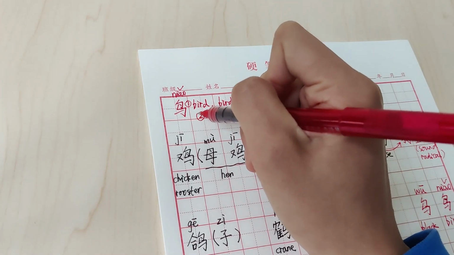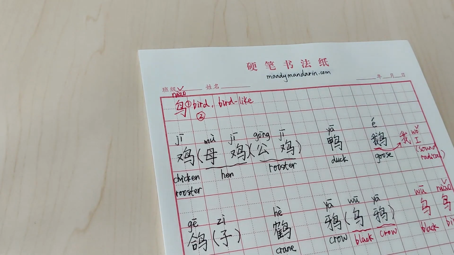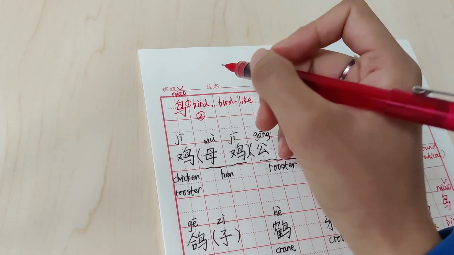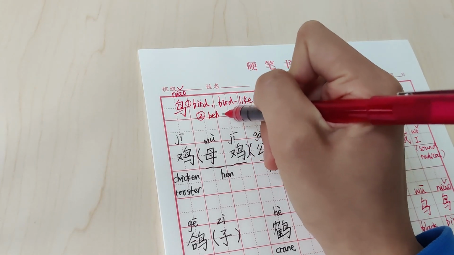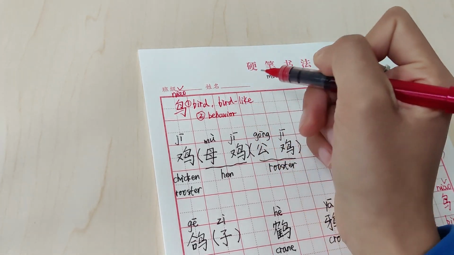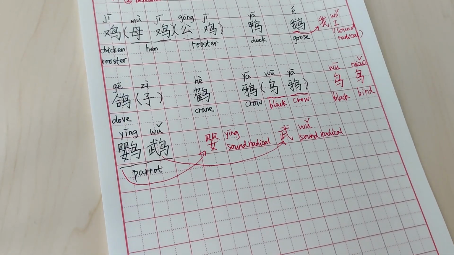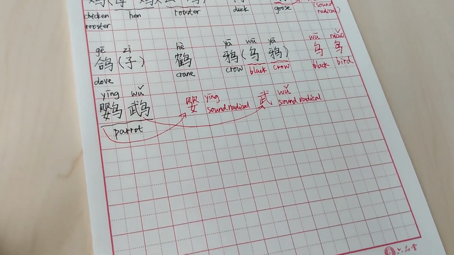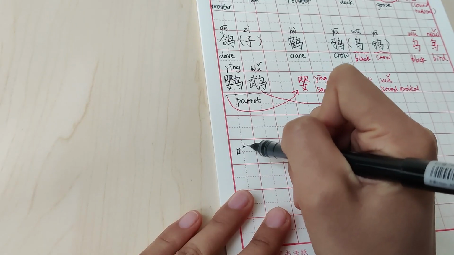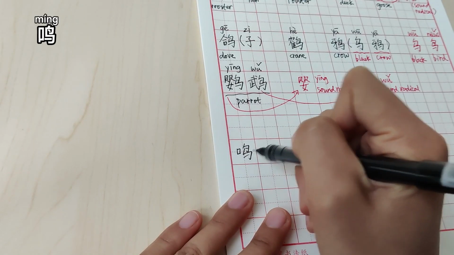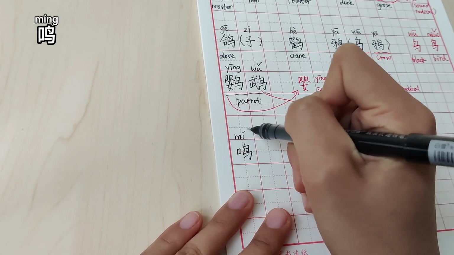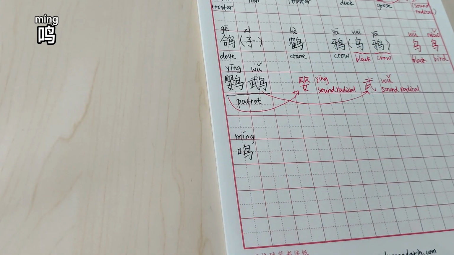And the second meaning, just as the animal radical on the last page, it could also refer to the behavior that's related to the bird. And that is 鸣.